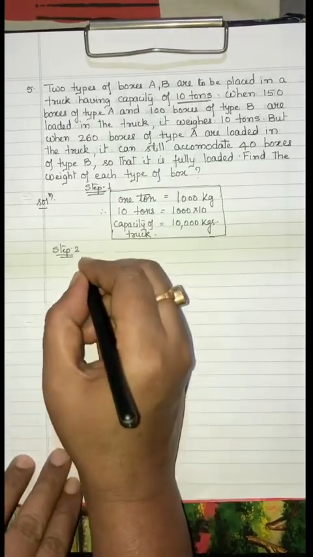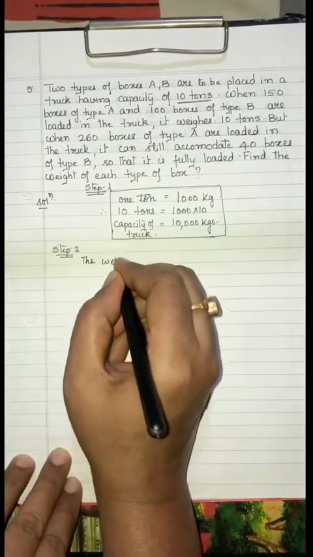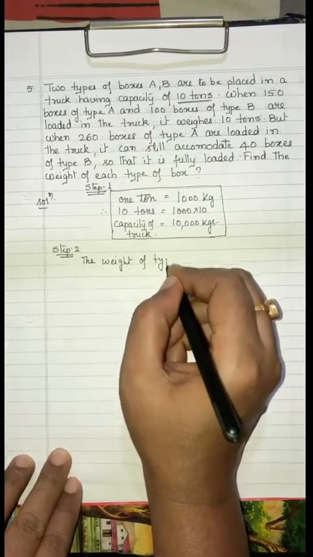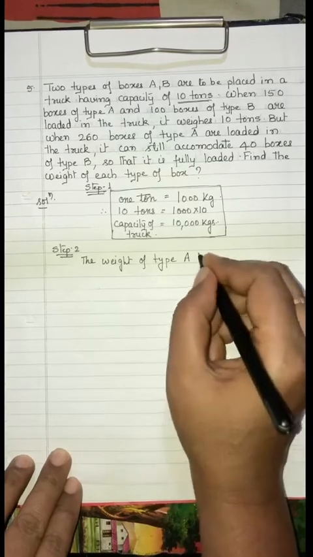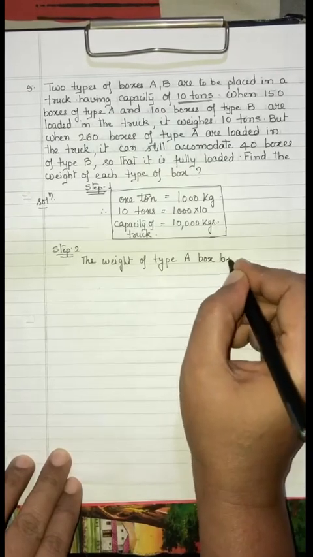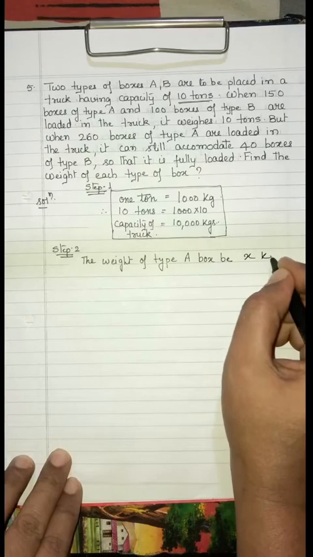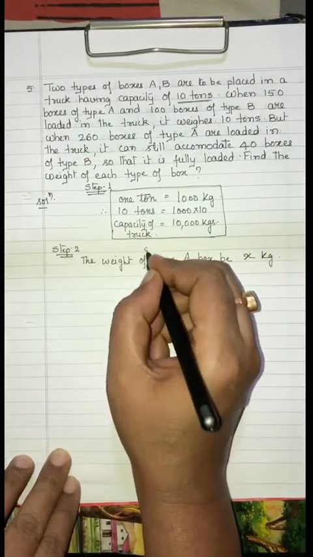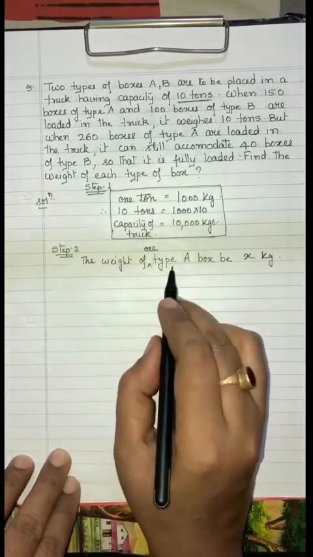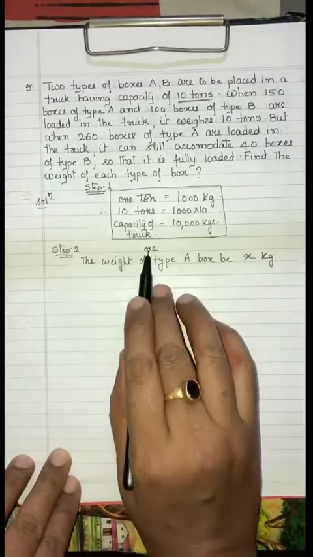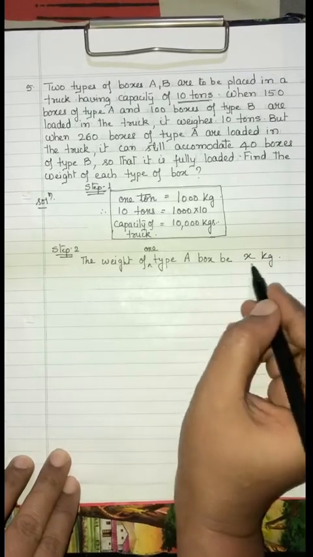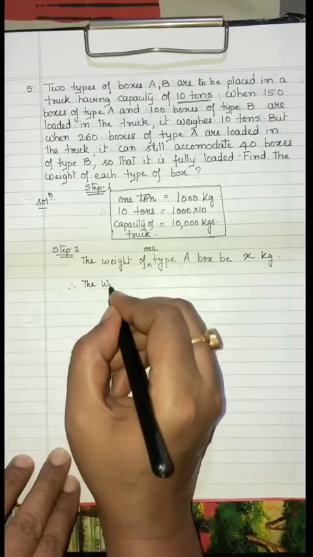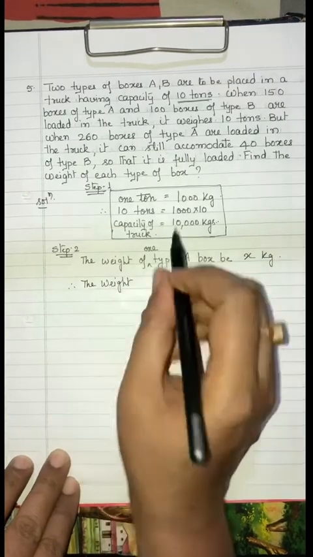The weight of one type A box be x kilograms. All right, that is the weight of one box, children. You have to mention: one type A box be x kilogram. If the weight of one type A box is x kilogram, then what will be the weight of, how many boxes of A are there?